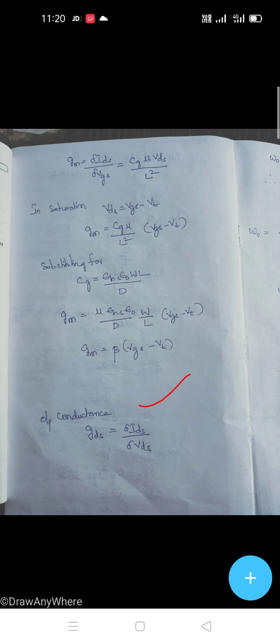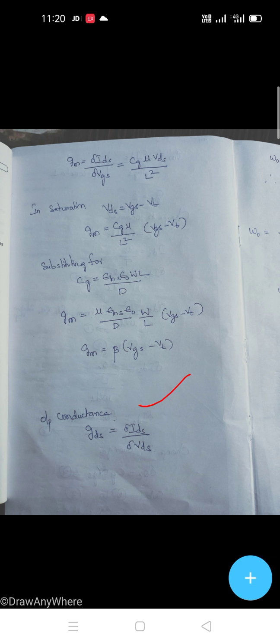Output conductance: we already know that conductance is nothing but the reciprocal of resistance, that is I by V. Here they specifically mentioned output, so output current by output voltage only. Trans means input by output or output by input, but here they mentioned output. So output current by output voltage, that is delta IDS by delta VDS.